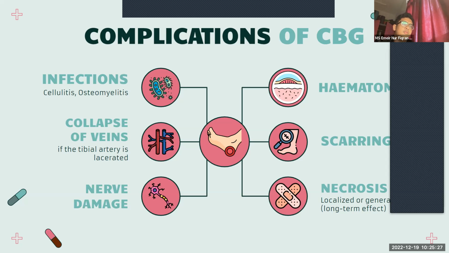Next is the collapse of the veins if the tibial artery is lacerated from puncturing the medial aspect of the heel. Next is nerve damage if the fingers of the neonates are punctured. Hematoma can also happen, scarring from the puncture site, as well as localized or generalized necrosis, which is a long-term effect. So continue.